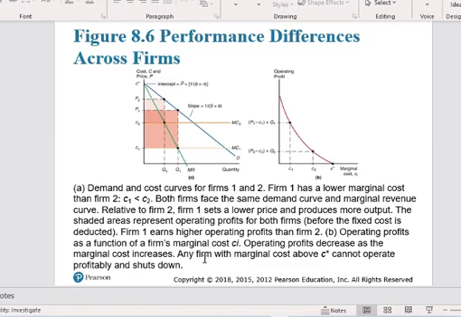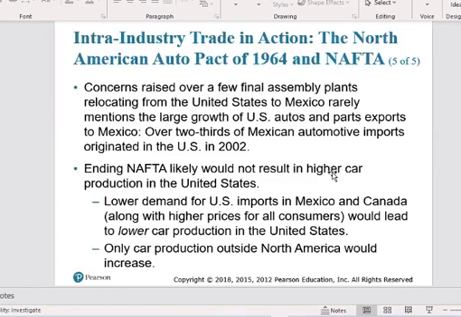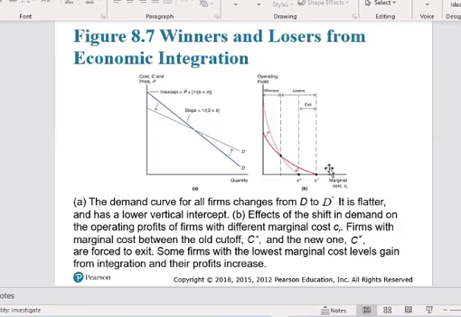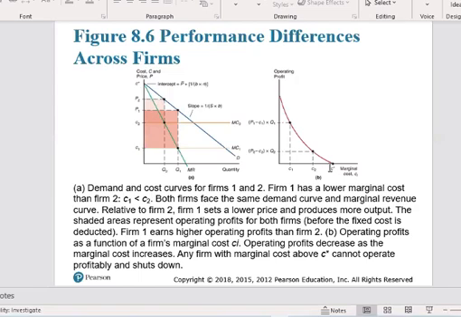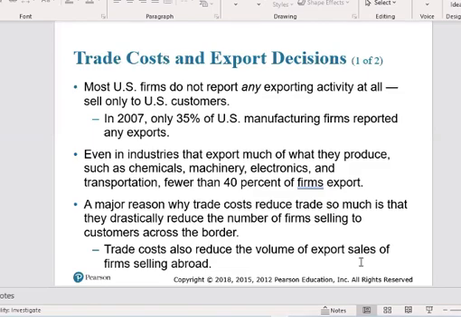So any firm with marginal cost above C star, this is coming from this graph, a different representation, will not be able to operate and will shut down, go bankrupt. They will not be able to cover their costs.